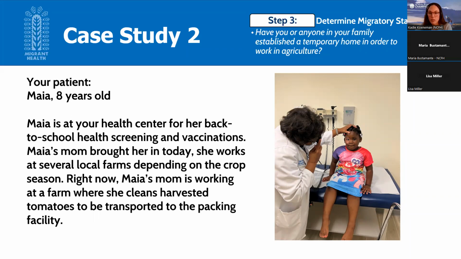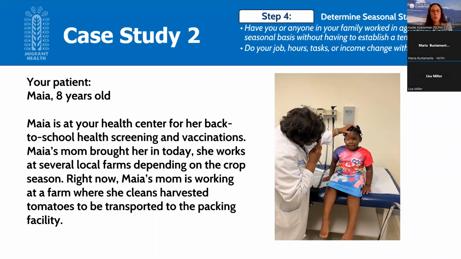Okay. It looks like we're all saying no based on the information that we have here. So we'll determine in step four whether this patient meets the seasonal status definition.